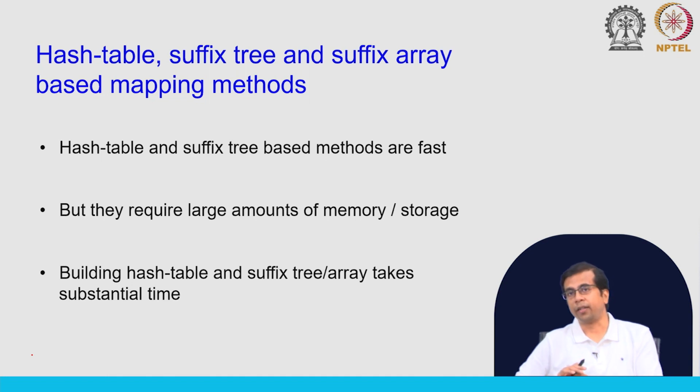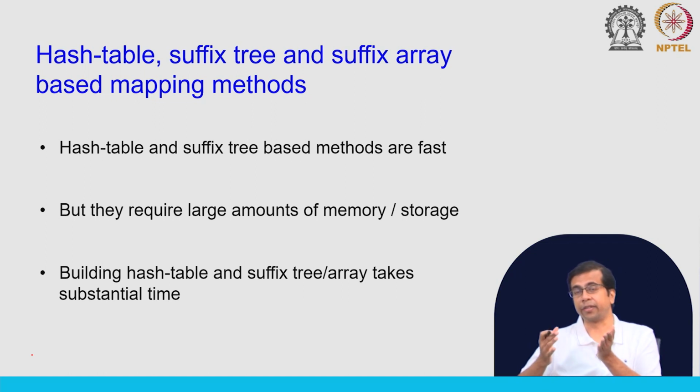The other disadvantage is that building these data structures takes quite a bit of time. You have to build the hash table, which means you have to extract those seeds, represent them as keys and also store the values, and all that takes time.